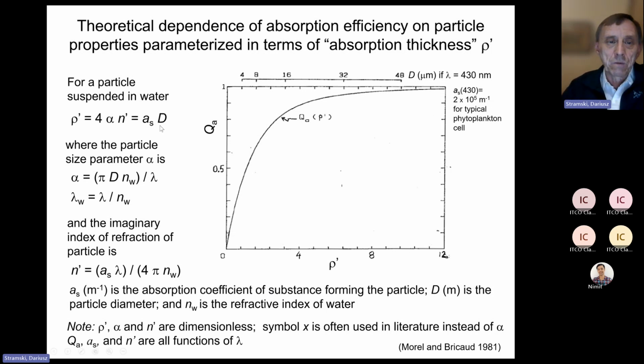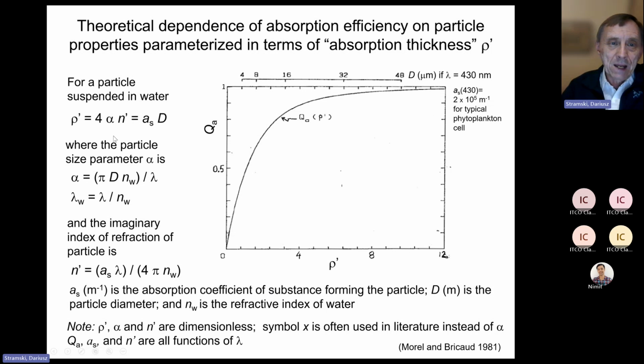So that absorption coefficient can actually be a quite large number. And these two quantities are combined, the product of size and absorption property of the particle. The product gives us the so-called absorption thickness. This is a parameter that combines these two that drive absorption efficiency.